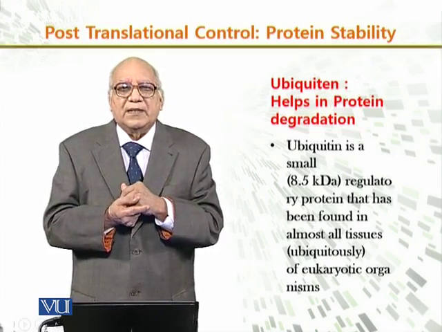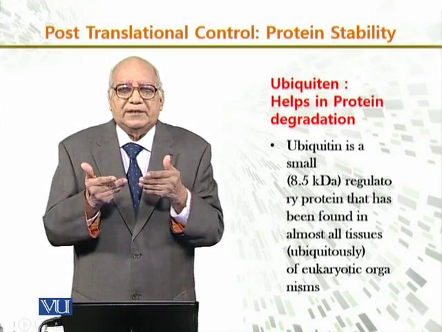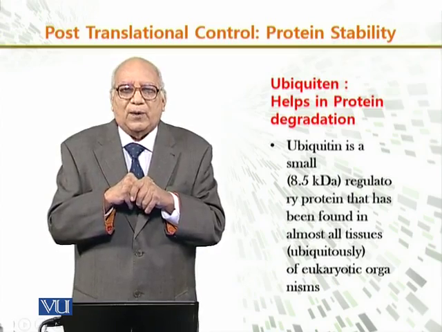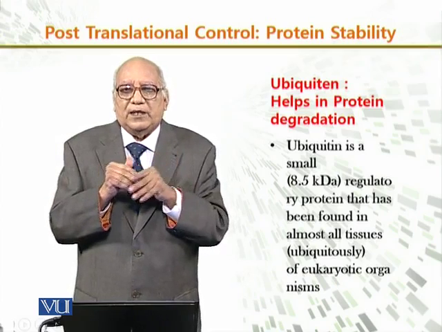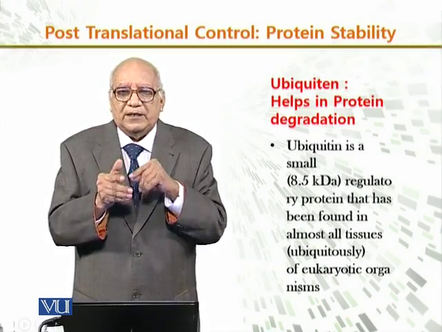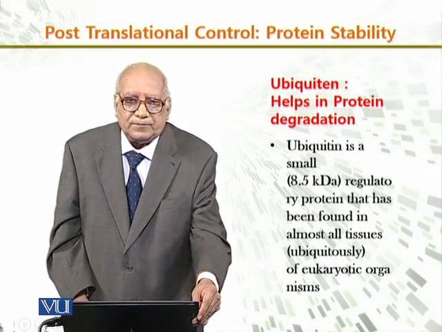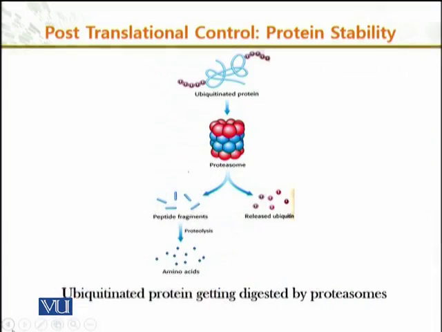You know, ubiquitin means everywhere. So ubiquitin is a small 8.5 kilodalton regulatory protein that has been found in almost all tissues of eukaryotic organisms.